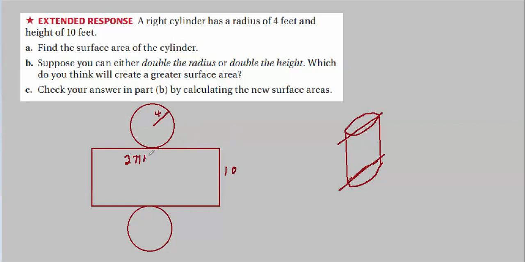Now, in this case, that's 2 pi times 4 would be the distance from there to there.